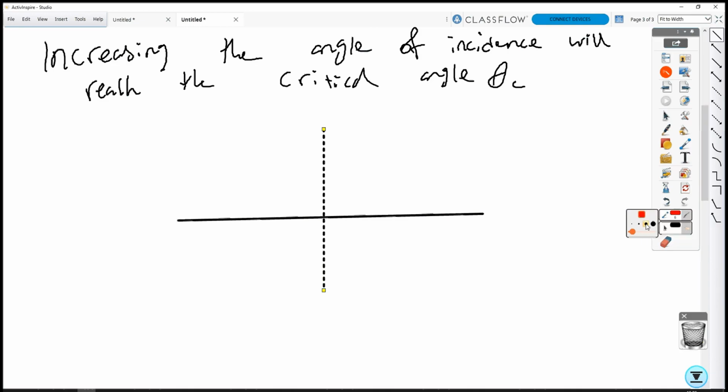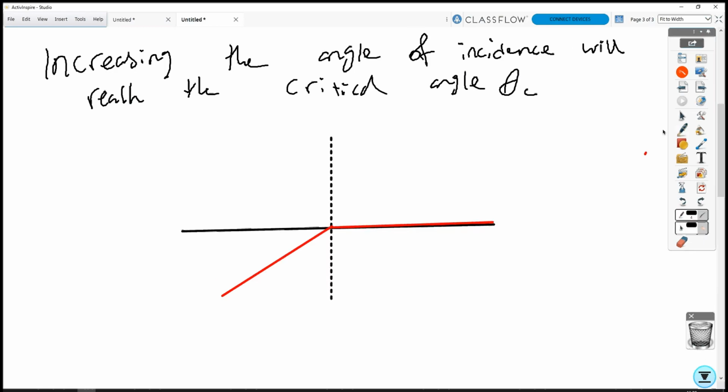I'm just going to change color of my ray at this point so that it becomes easier to see and understand. So this now is called the critical angle, and this becomes 90 degrees. And again, we've got water at the bottom, air at the top.